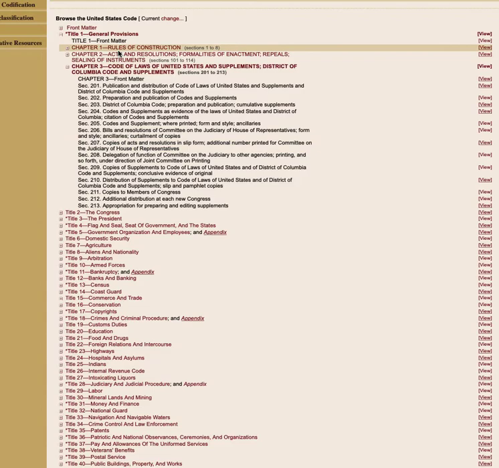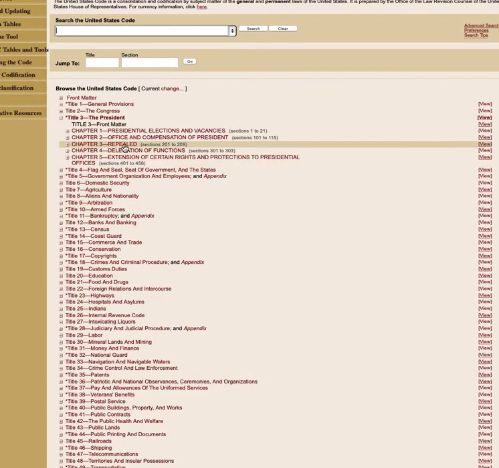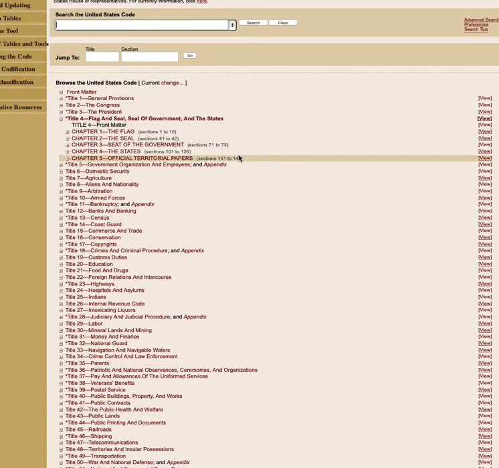Okay, so we saw positive law, Title I, Chapter 3, Section 204. And then we can go to President, and then we have the President's office. We can go to flag, seal, seat of government, and the states.